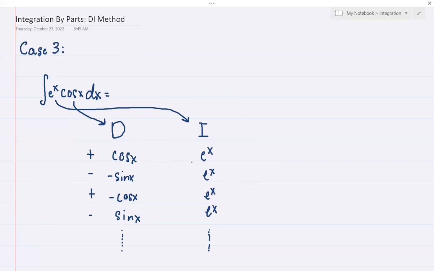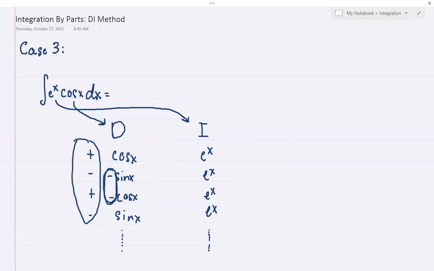Despite the negative signs, let's ignore the signs for a moment, okay? Disregard the signs in your derivative and in your integral column.